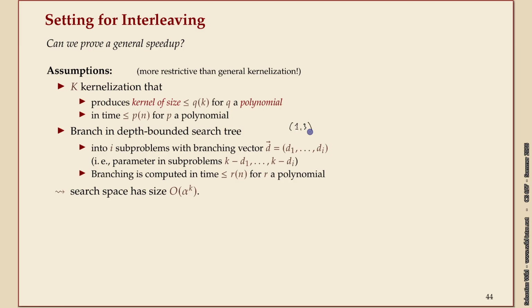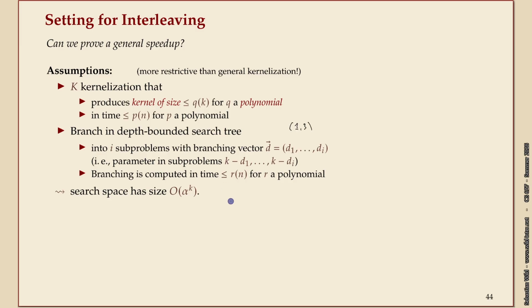In general, that's often a way to improve the exponential growth by splitting up into more cases. And let's also suppose the branching itself, so how to make the recursive calls, is computed in some time, and that's also some polynomial in the input size.